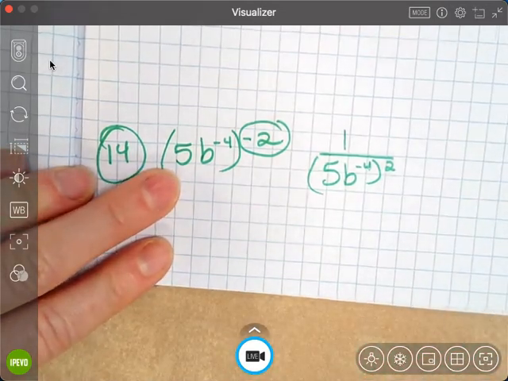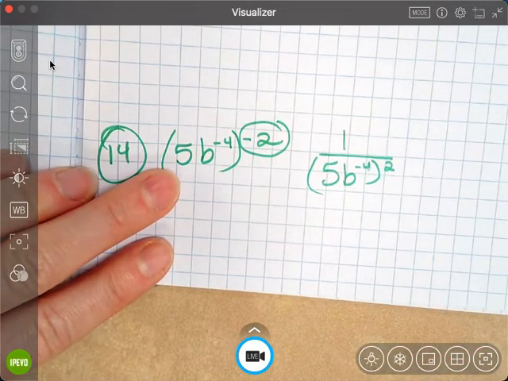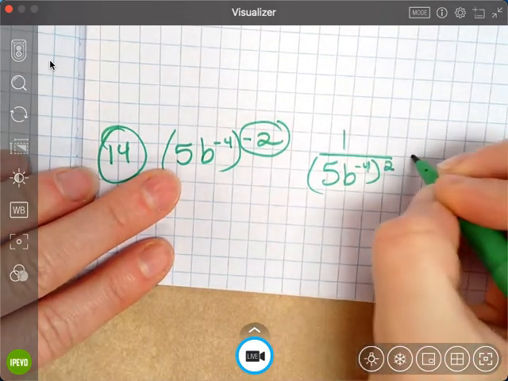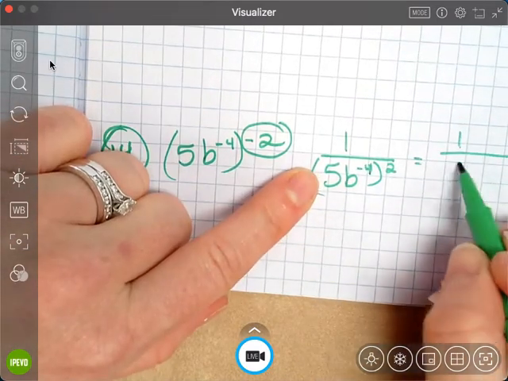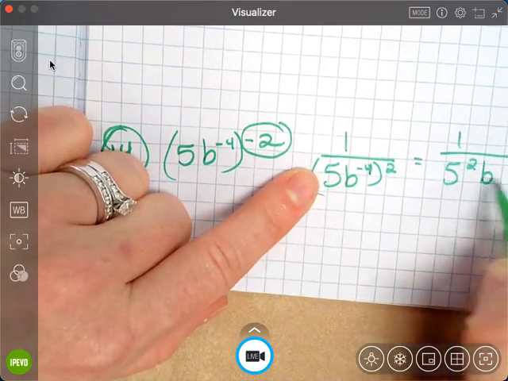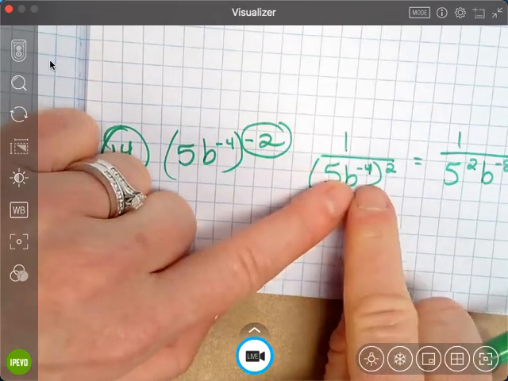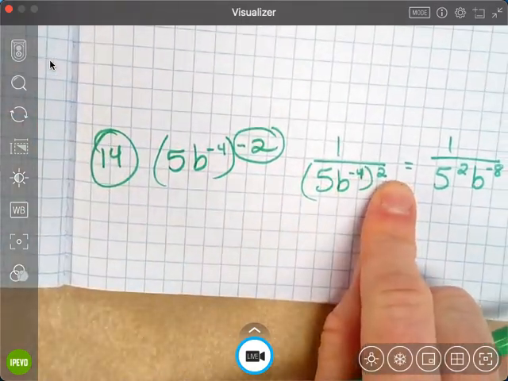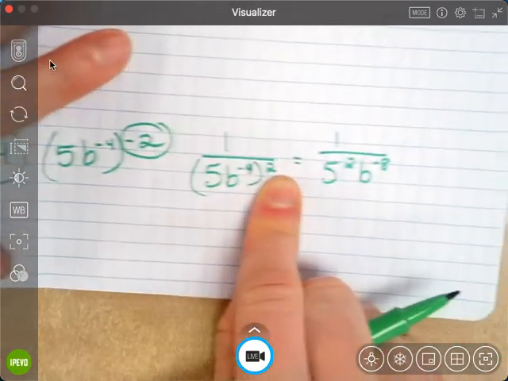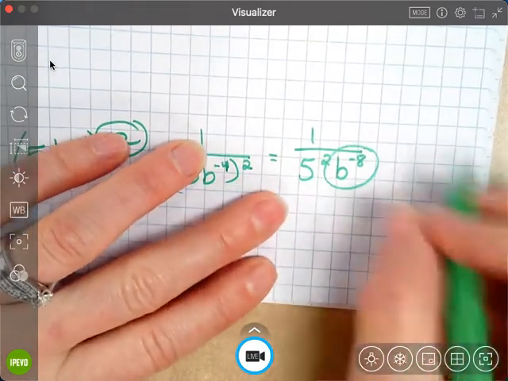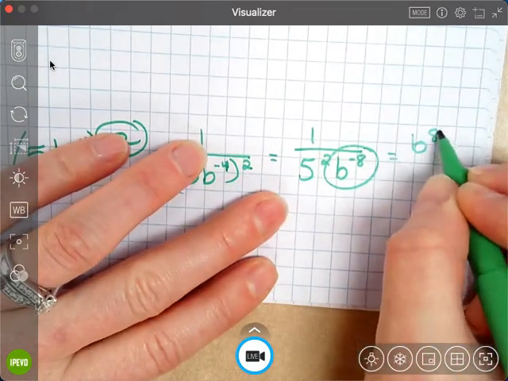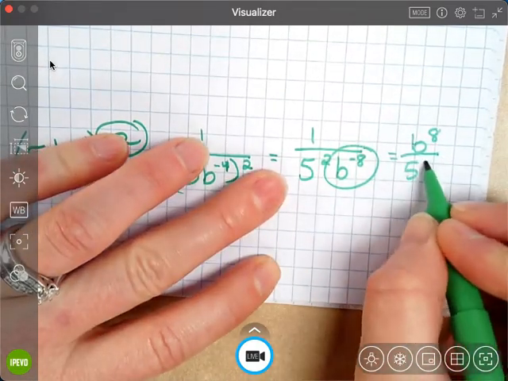There's more than one way to go about it, though, but we're going to do it this way. So that would be 1 over 5 squared, b to the negative 8, because you would multiply the negative 4 and the positive 2. And then this would come up to the top: b to the 8 over 5 squared.